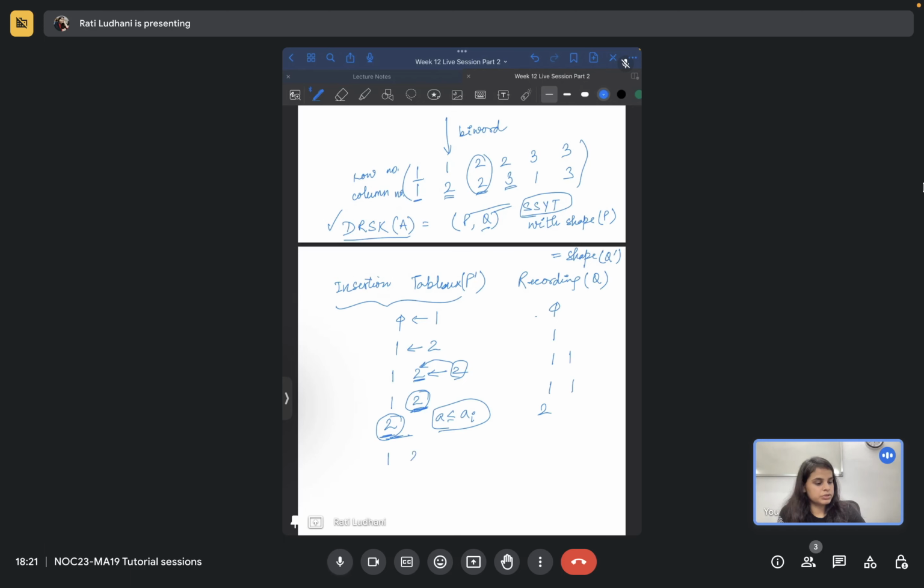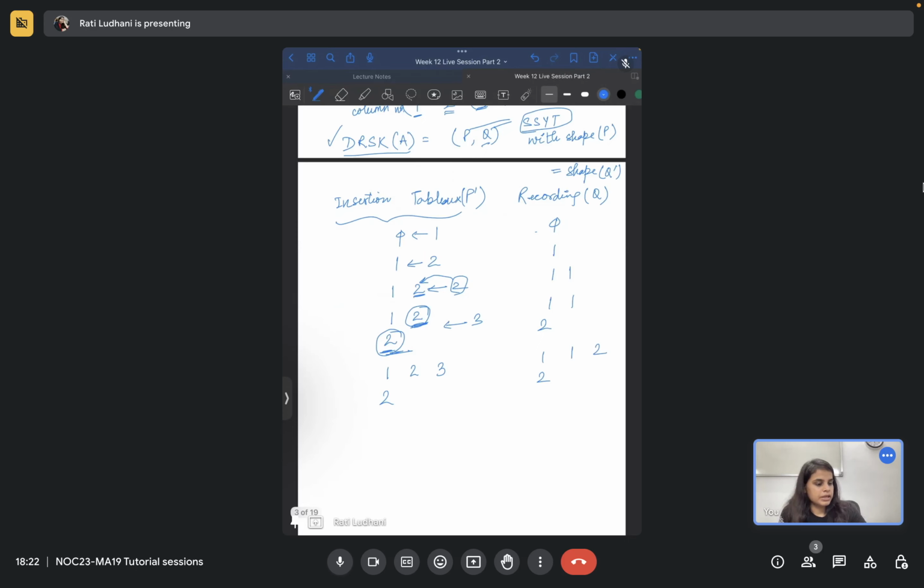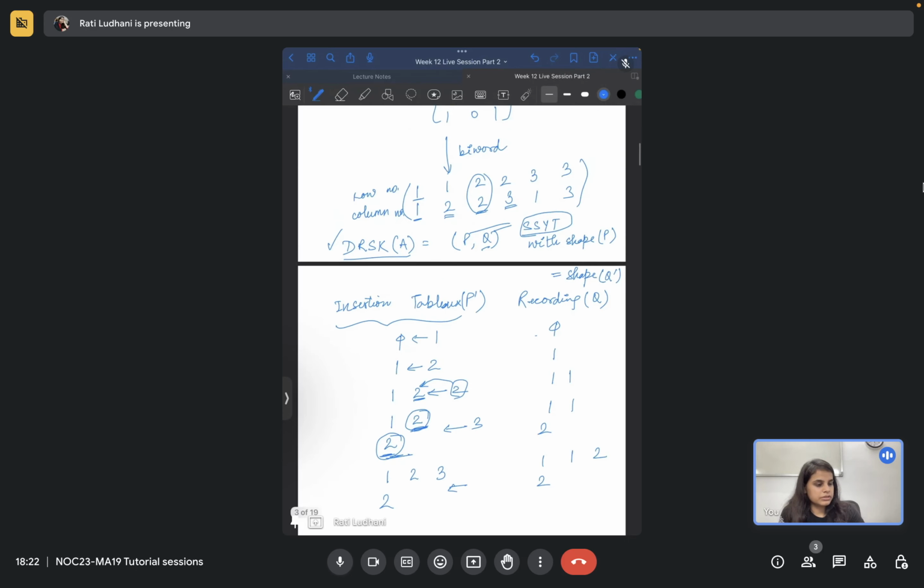In the first row there is just 1 2, and there is no number bigger than or equal to 3, so 3 will just stay in a new box. The recording tableau will show 2, right? Next we are inserting 1.